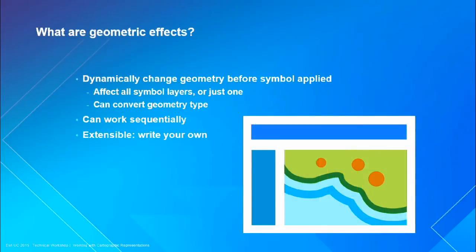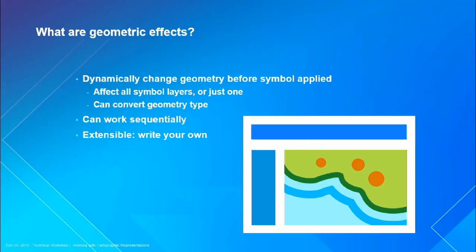Geometric effects, I've said this a few times now, dynamically change the geometry at draw time. So the geometry gets changed at draw time and then the symbol is applied. What is powerful about geometric effects is we can insert them into the rule, into the symbol, either globally, so they impact all those primitive symbol layers, or on only one of the symbol layers.